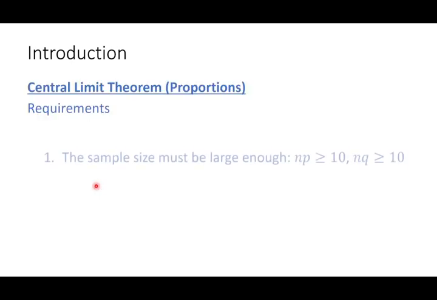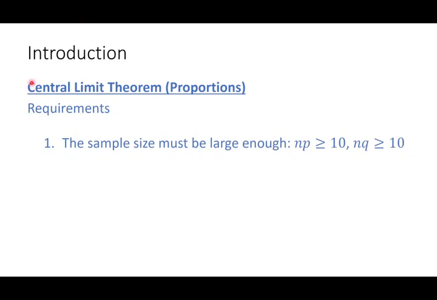So let's talk about that. For a categorical variable or a proportion, the sample size must be large enough, which is a different calculation here. N times P must be greater than or equal to 10, and N times Q must be greater than or equal to 10. And the sample needs to be random.